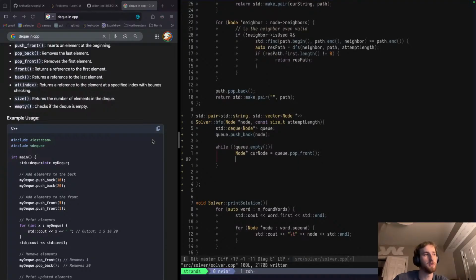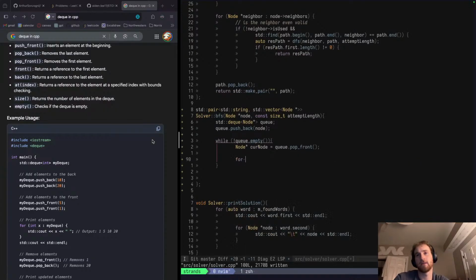Right, we pop from the front, right? Yeah, yeah. For... then, fuck me, can I type kernel.neighbors?